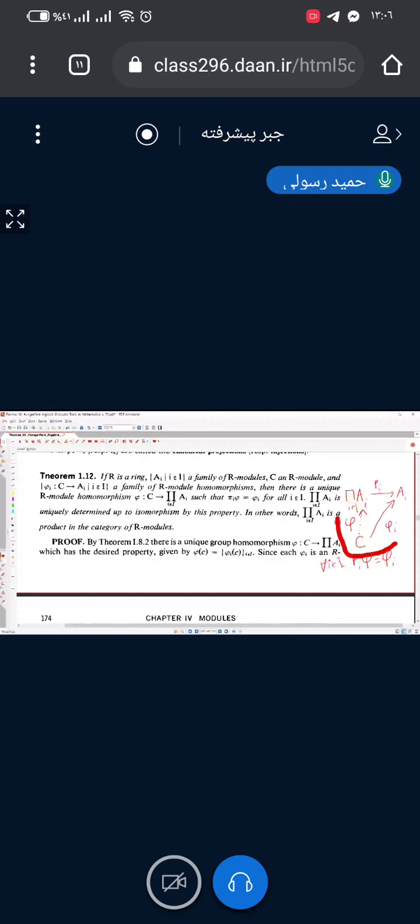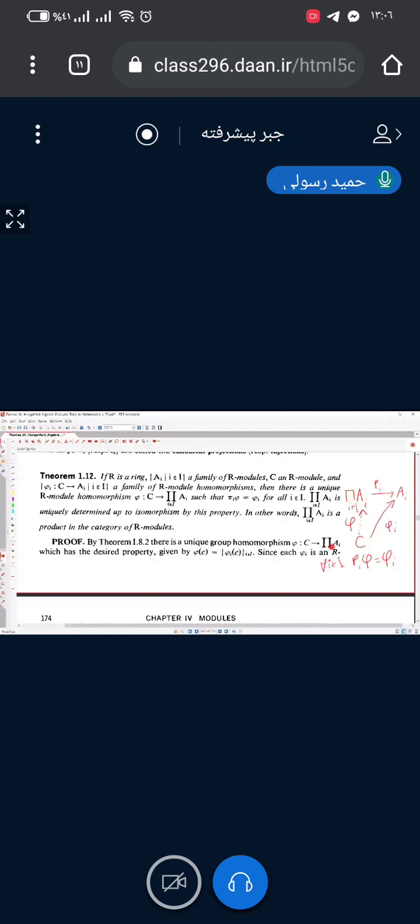We need to define a group, an R-module homomorphism from C to product of AI. But since these objects are in fact abelian groups, similarly to the case of groups, we define phi at first by this definition.